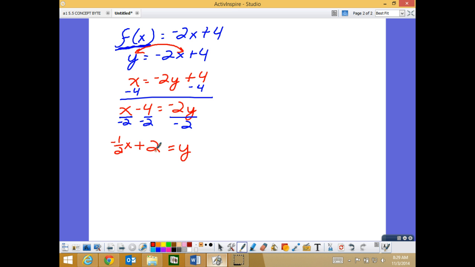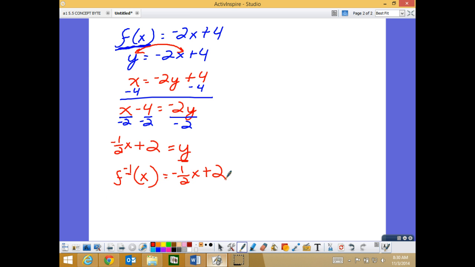And then the final step for this inverse, instead of writing it equal to y, the notation for the inverse is f with the little negative 1 in the superscript, of x, is equal to negative 1/2 x plus 2.